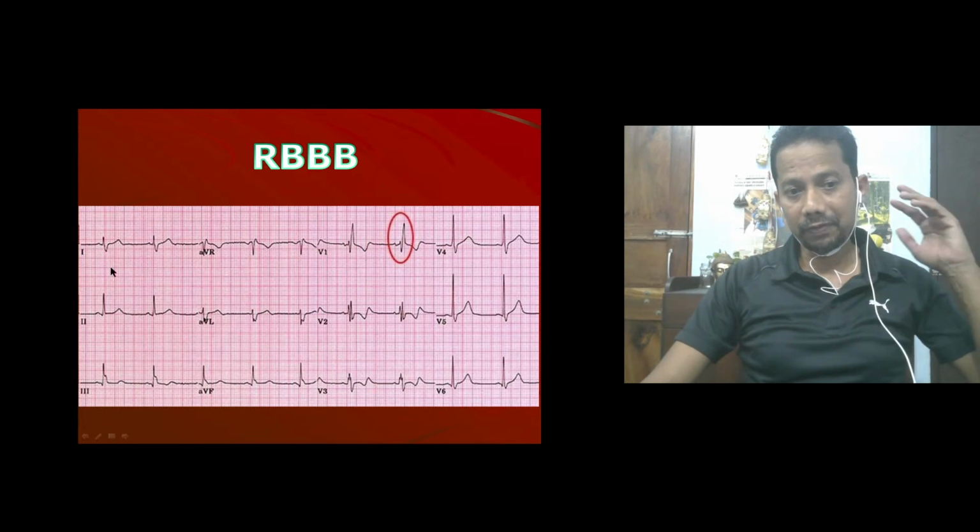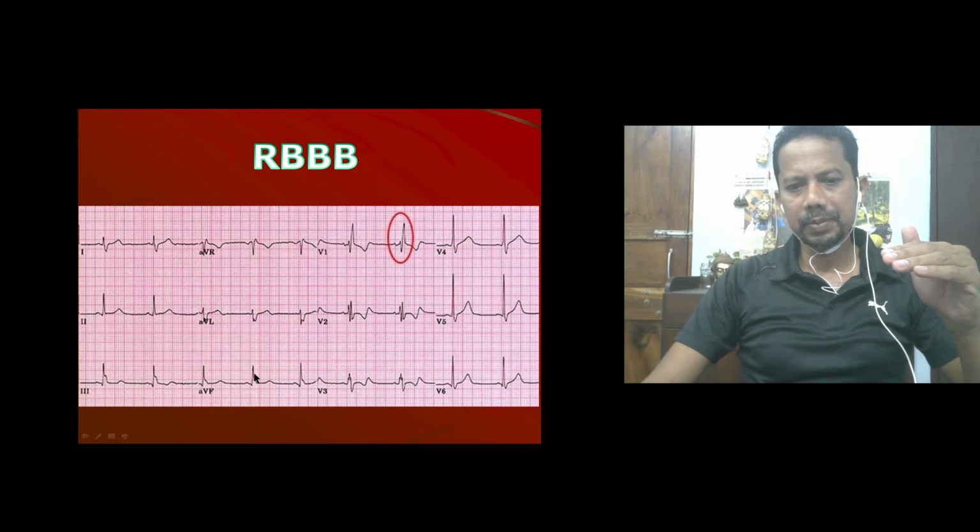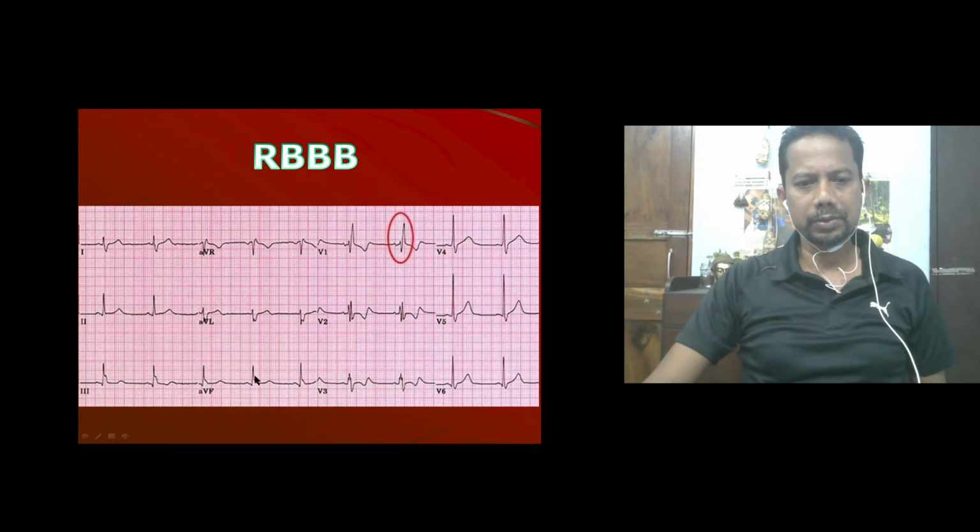If some lead is isoelectric where R equals S, then the axis is perpendicular to it. So lead 1 is isoelectric and AVF is perpendicular to it, so you are getting a plus 90 degree axis. So there is a right axis deviation because there is a right bundle branch block and there is a tall R in V1, V2.